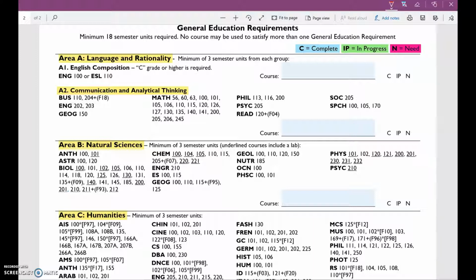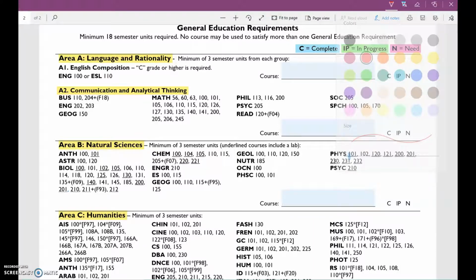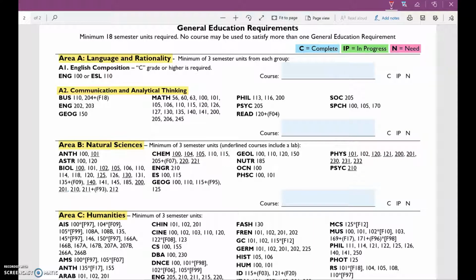So that would go here. For section A2, as you can see, there are a lot of options to choose from, but most students will use the math to satisfy this area. Okay. So English and math.